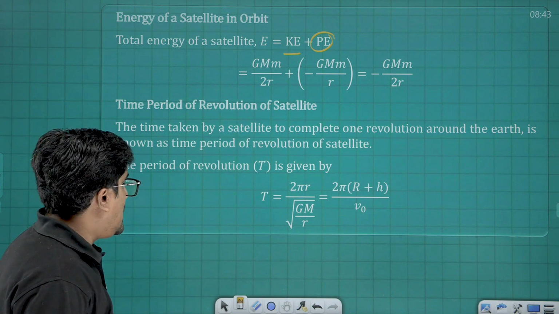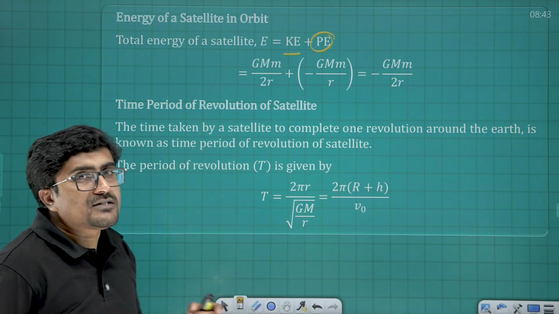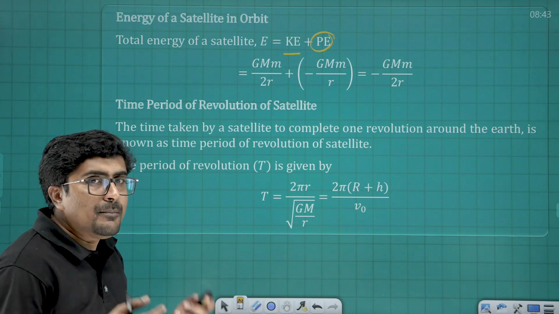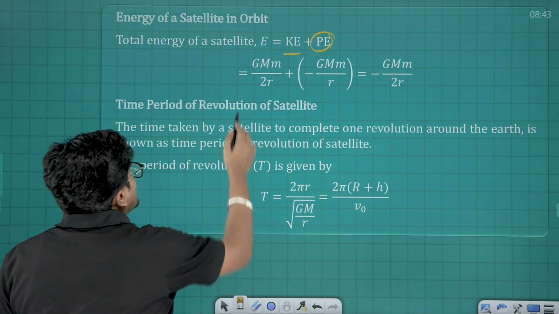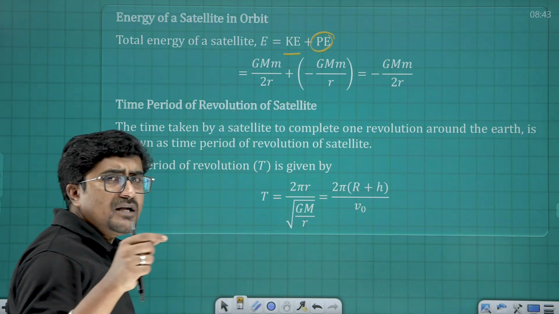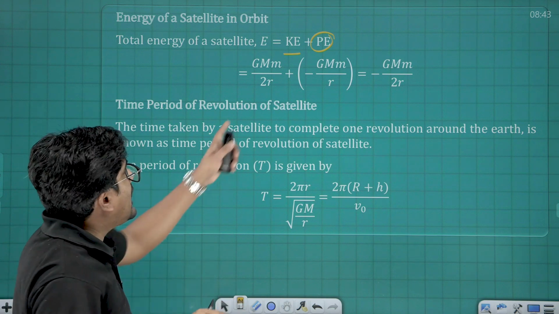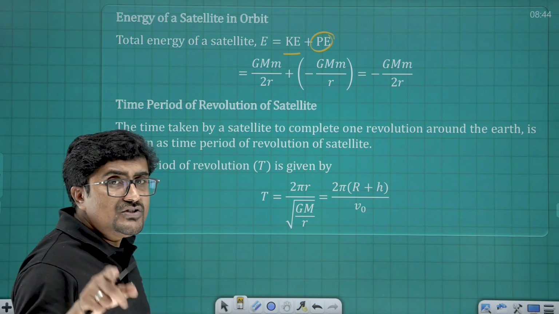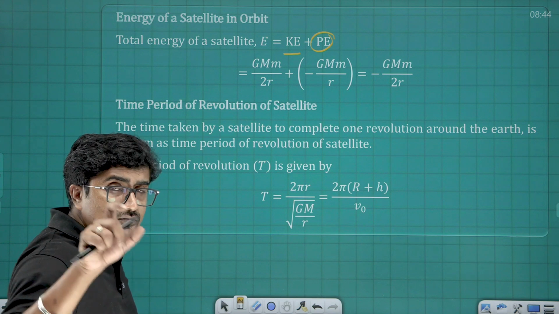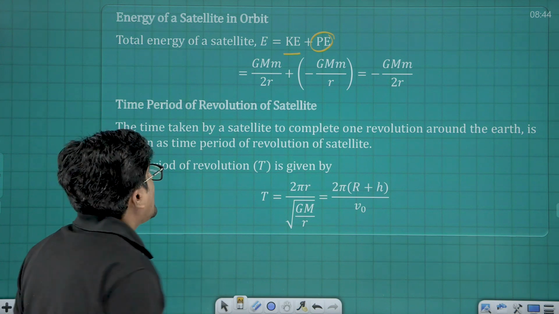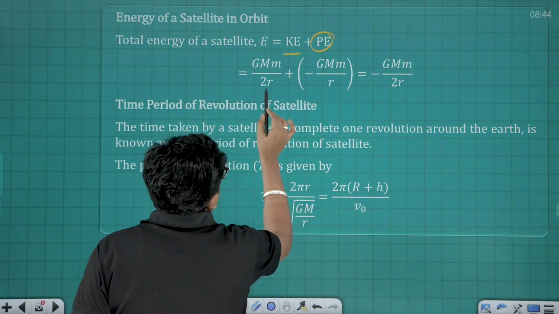So the total energy is going to be the summation of kinetic energy plus potential energy. The kinetic energy is going to be G M m upon 2r, and the potential energy is going to be minus G M m upon r. You must not miss this particular part.